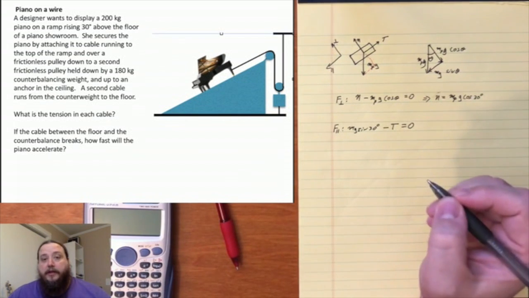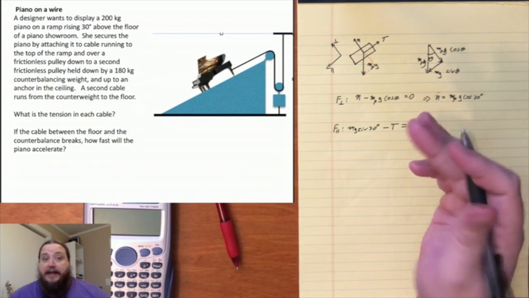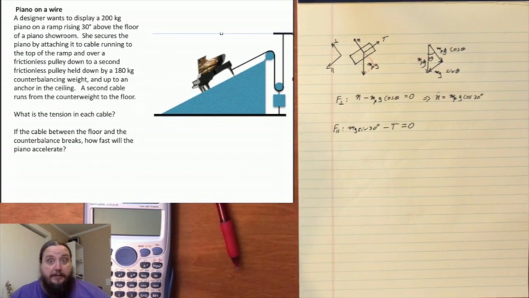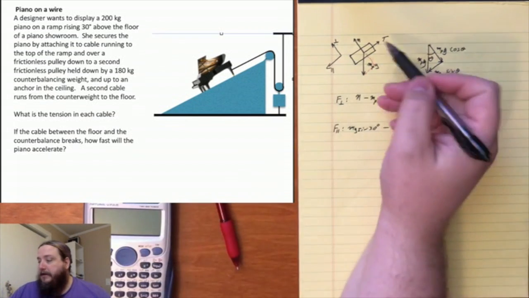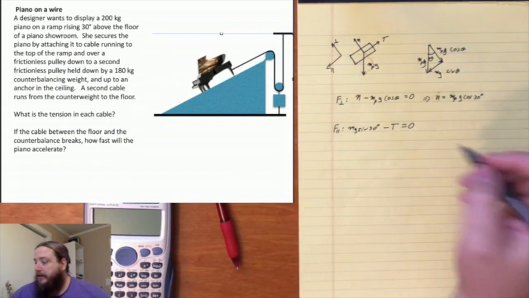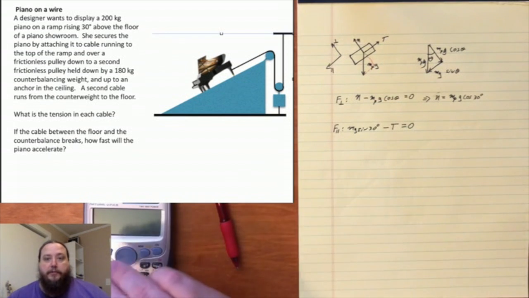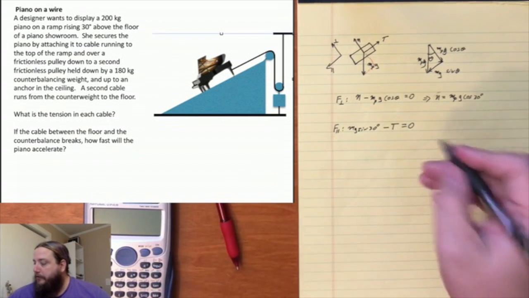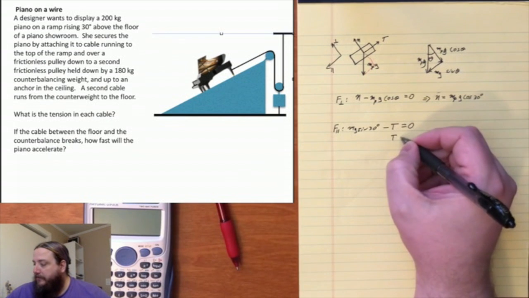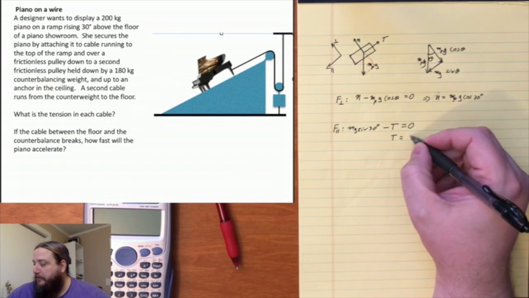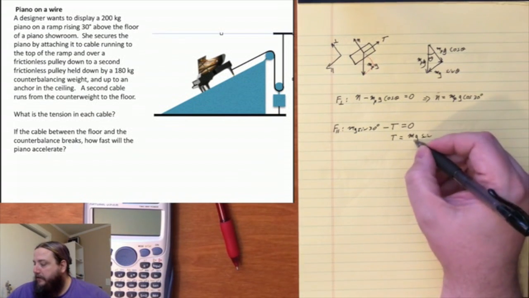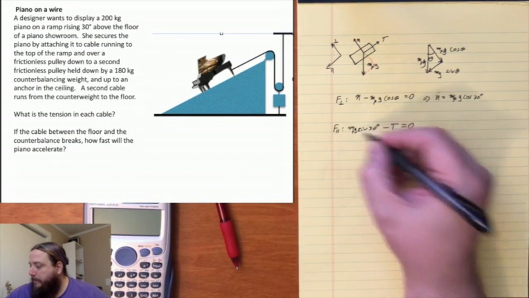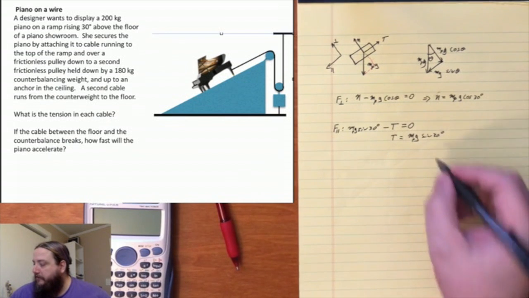If our piano is to sit stably on the ramp, it too must not be accelerating in the parallel direction, so our force balance equation equals 0. Then the tension is simply mg sine of 30 degrees.